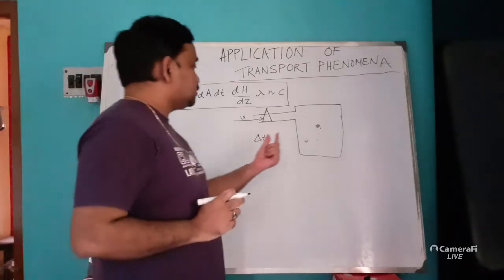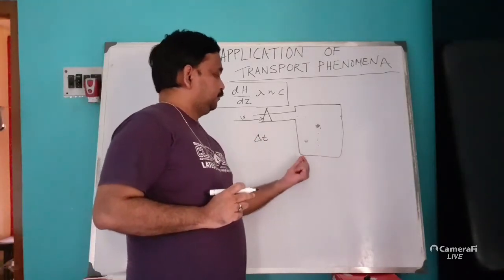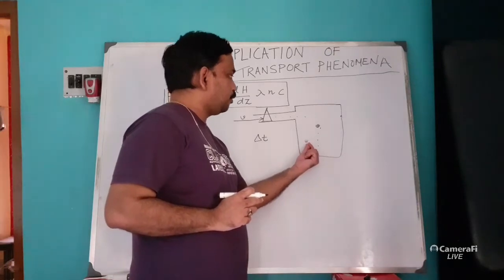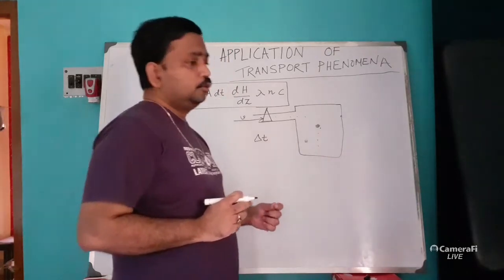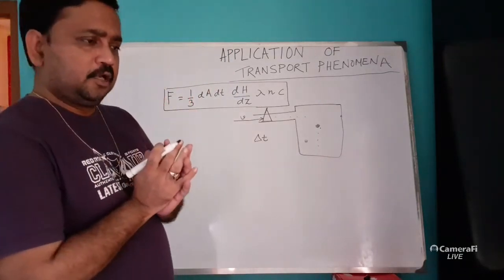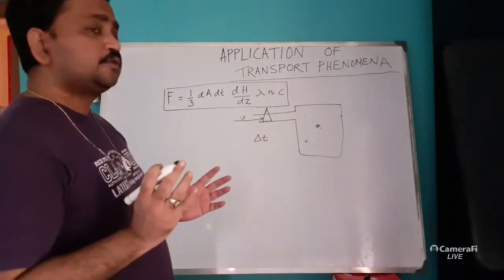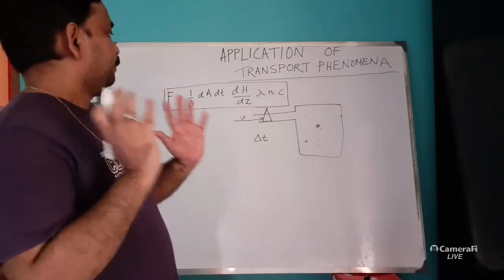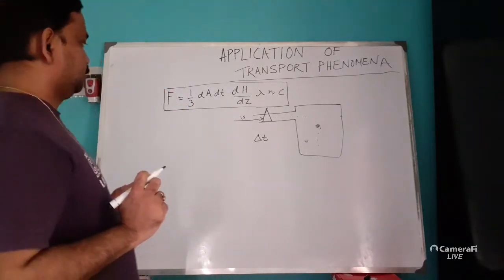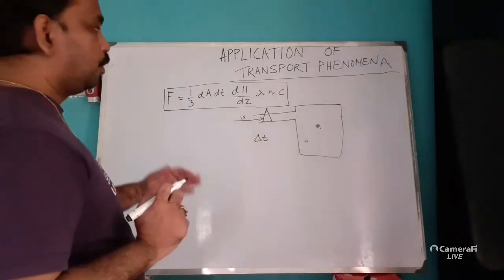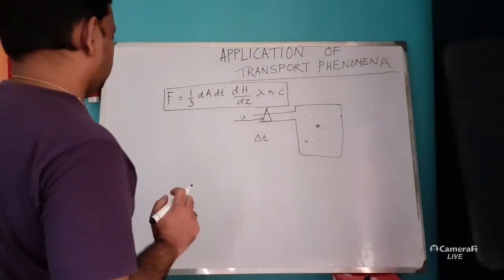And this transfer of the momentum from one molecule to another molecule will result in a friction. This frictional force actually leads to what is called viscosity. So we want to deal with this viscosity over here.